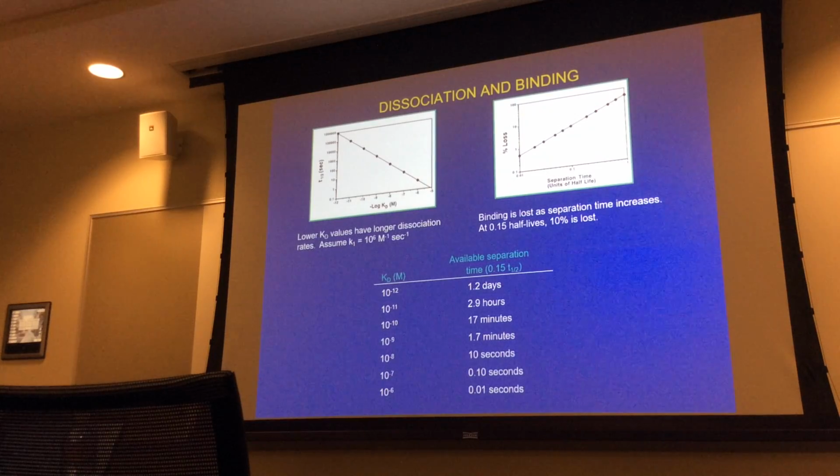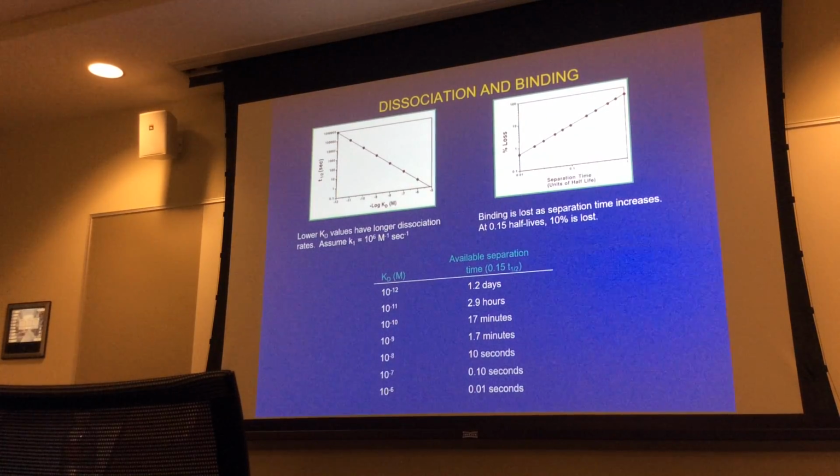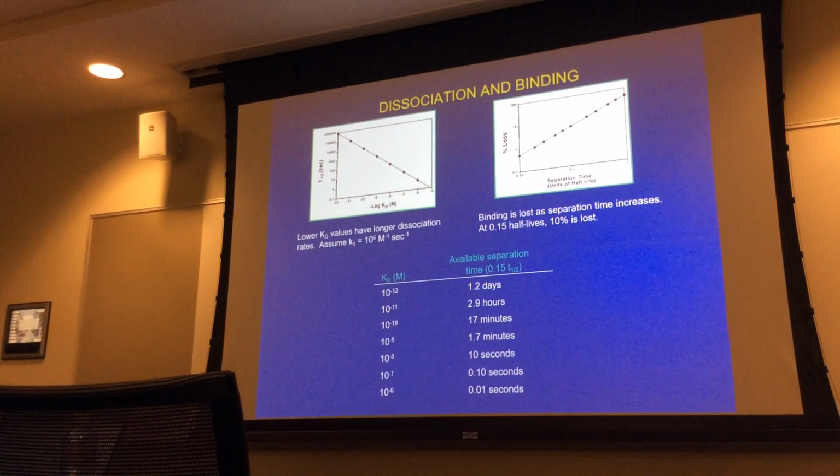The longer it takes, the more dissociation of the drug receptor complex can occur. So if you're designing an experiment in the laboratory, you have to determine how long you have to conduct the separation between the bound and free ligand before you reach an error that completely invalidates your experiment. So this business about the relationship between kinetics and affinity will allow you to make some judgments on this.